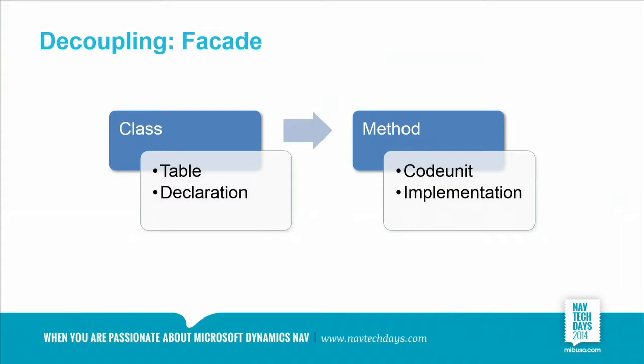Now these two NAV objects are both quite heavyweight. The table is the most heavy object in your object collection. There were a few versions of NAV in which it was not really nice to change the class, because then pages would pop up if you inserted that new table and say, I have a new field, it doesn't match anymore.